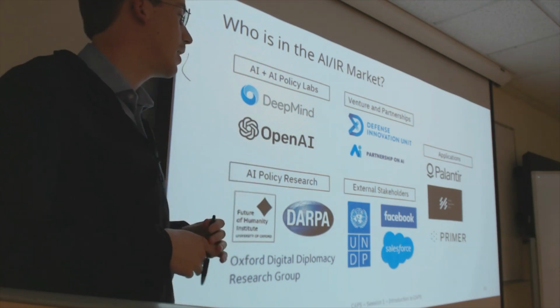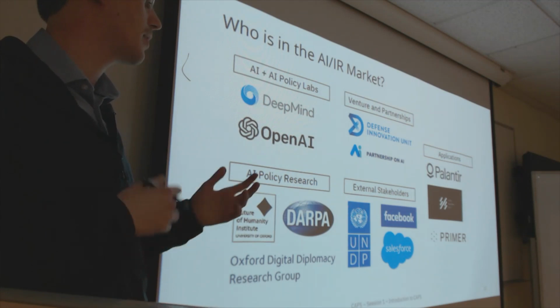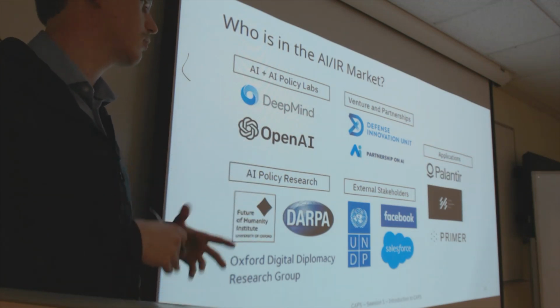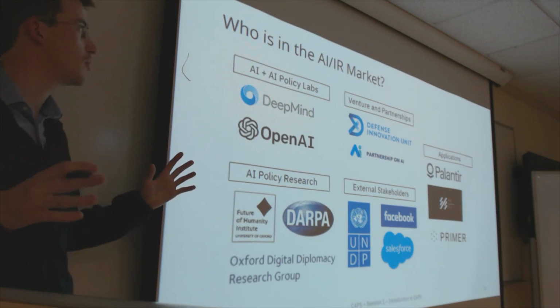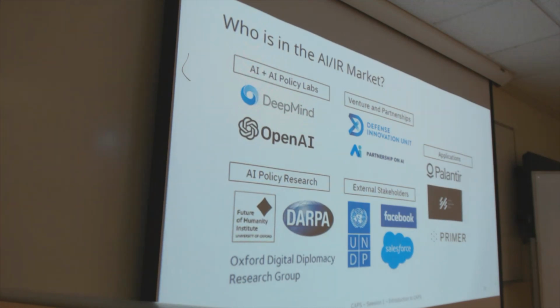And then Primer is similar to Palantir, also a company that originated in the intelligence space and does natural language processing, also using AI. Okay, so this is a very broad overview of the AI and international relations sector, insofar as that exists.